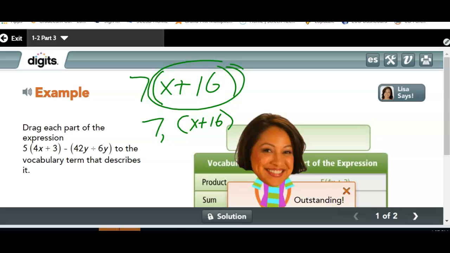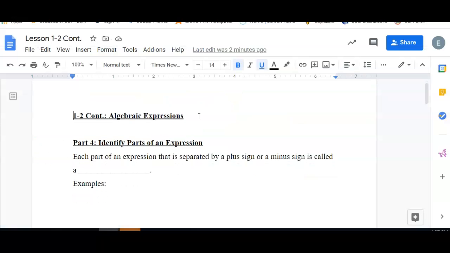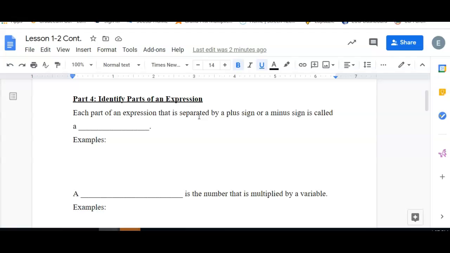All right, let's go ahead and move on to the guided notes from today. It's 1.2 continued algebraic expressions. This is the one I passed out to you. It says, the first one, identifying parts of an expression. This is a review from yesterday. Each part of the expression that is separated by a plus or a minus sign is called a... Lily.